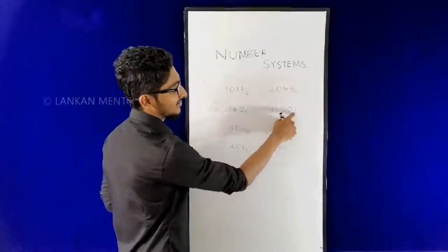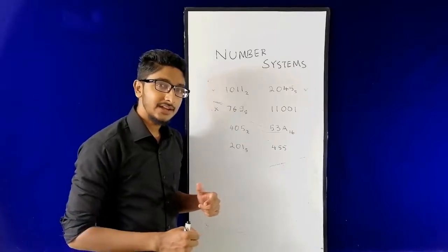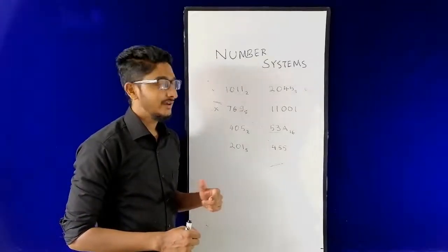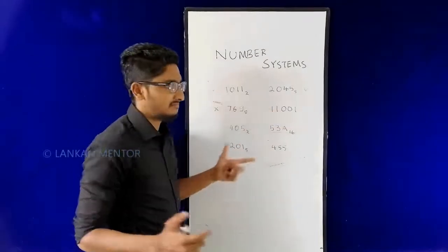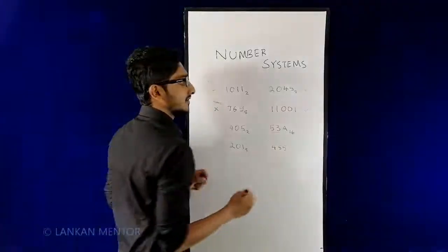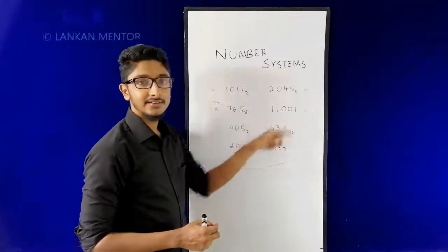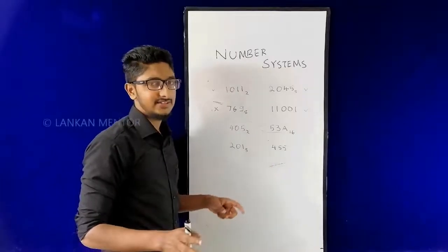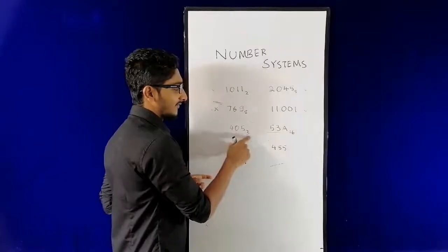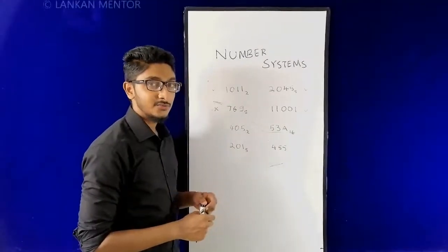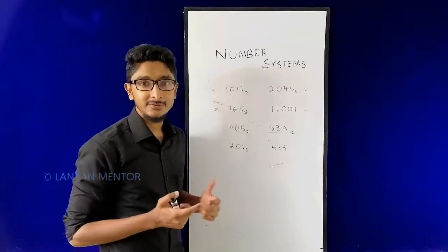And 11001. What is this number? Is it binary? No. It is a decimal number. If it is a decimal number, yes, it is correct. Why is it a decimal number? No base, so it is a decimal number. So it is correct. 4052 base 2. Base 2 means you only have ones and zeros.